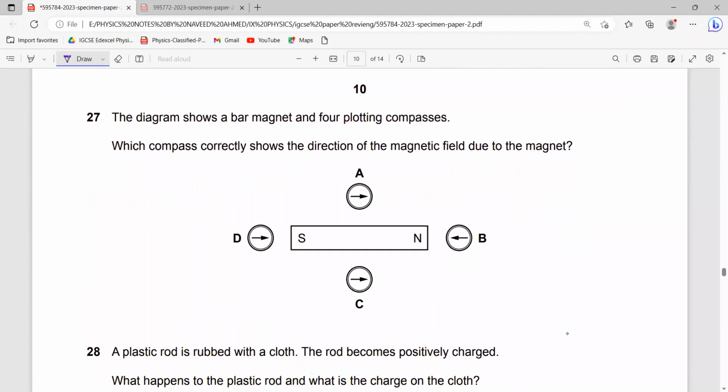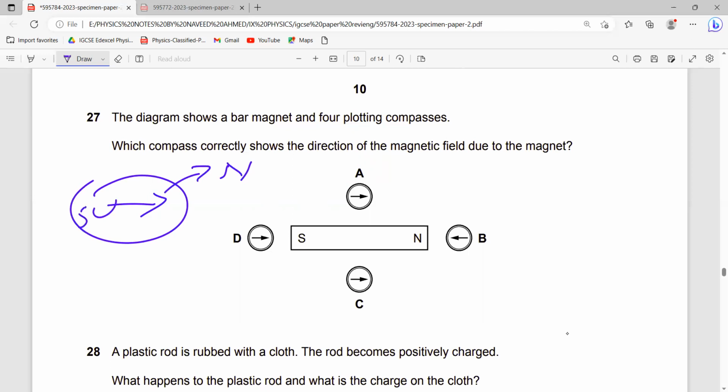In question number 27, the diagram shows a bar magnet and 4 floating compasses. Which compass correctly shows the direction of the magnetic field due to the magnet? You know, a magnetic compass is represented by this arrowhead, and this arrow shows the north pole, and the tail shows the south pole.